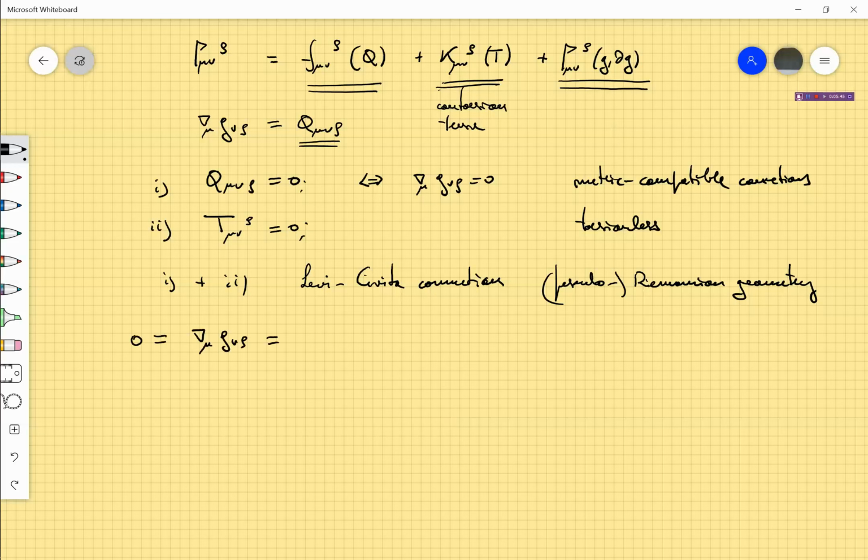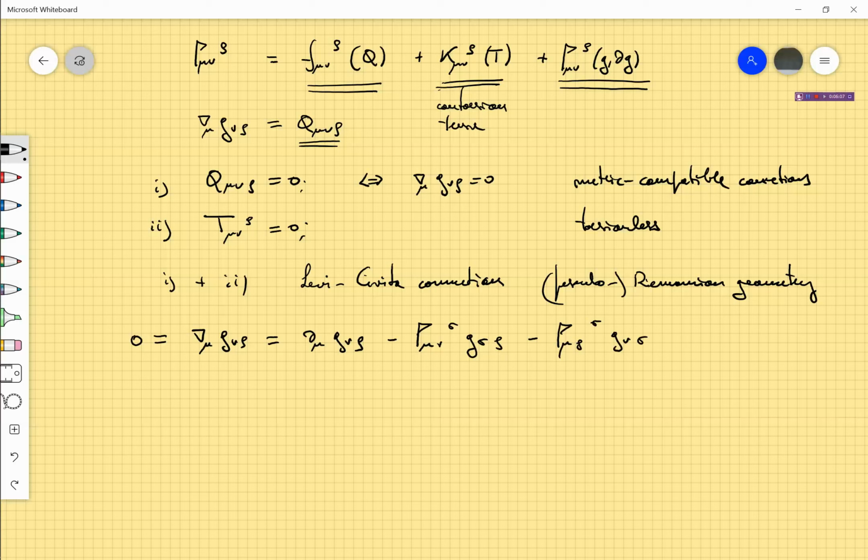And I remind you what this covariant derivative is. It has this piece, and then minus gamma mu sigma g sigma rho minus gamma mu rho sigma g mu sigma.